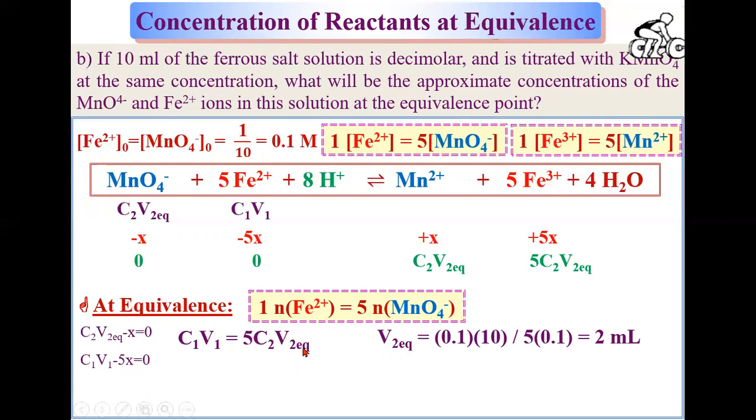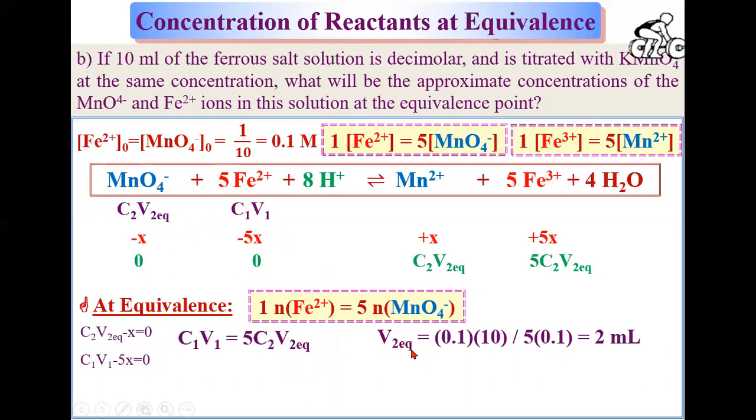We could also solve for the volumes at the equivalence point from this expression. And just so you know, guys, if I want to get this expression quickly, that's it: C1V1 divided by 5 equals C2V2 divided by 1 for the stoichiometry, and solve for whatever you need to solve for.